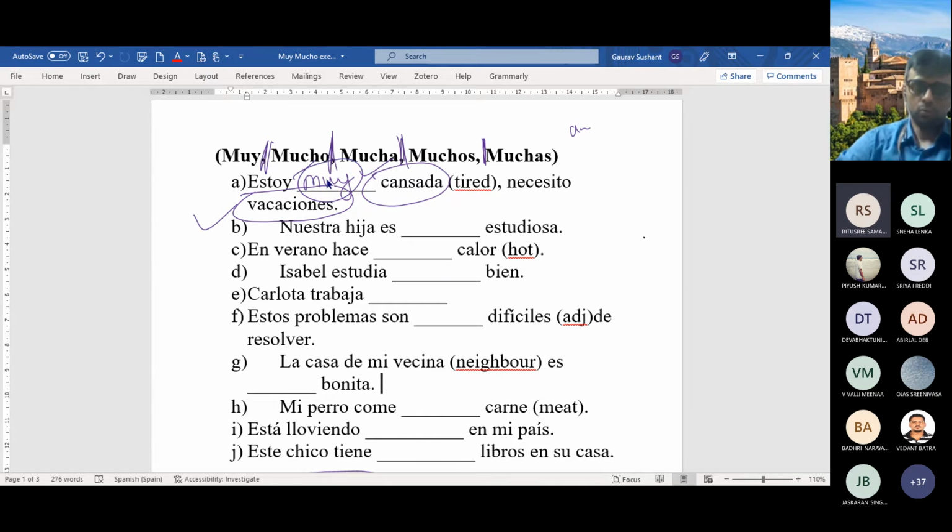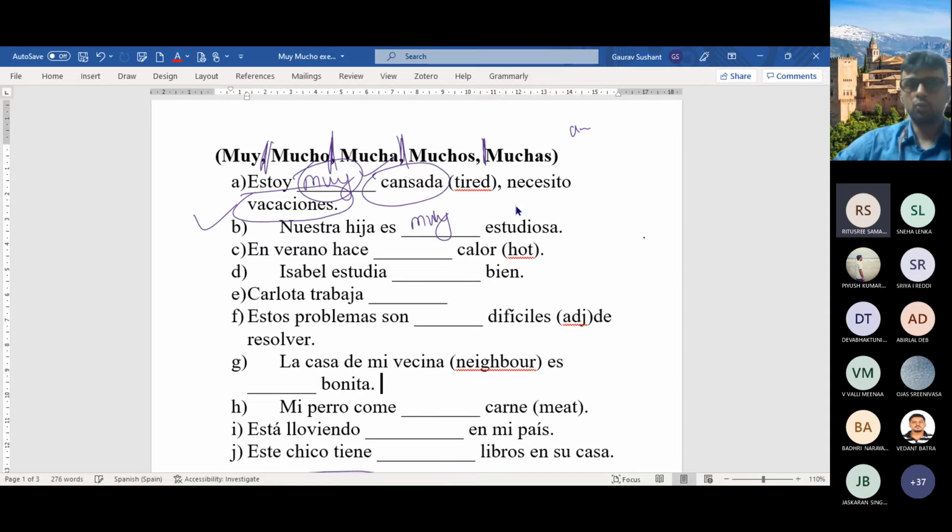Number B. Should I answer it, sir? No, let me ask another person first. Aman Gupta, can you try? Number B, sir. Nuestra hija es muy estudiosa.